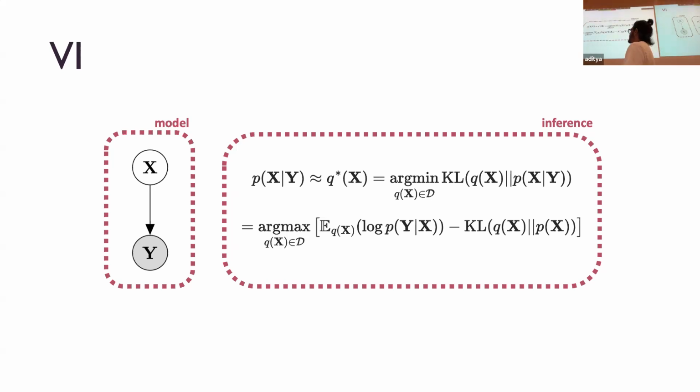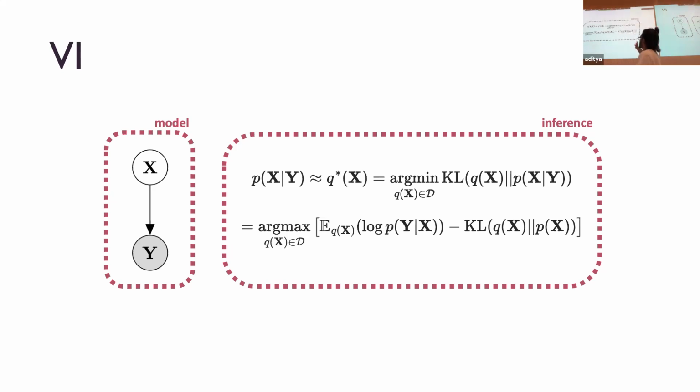Variational inference is this other way to do inference where we try to approximate the posterior P of X given Y with an approximate posterior Q star, which has a nice form. This can be just a bunch of normals for every data point and every dimension. And this Q star is found by doing an optimization process. So variational inference famously transforms the inference problem into an optimization problem.